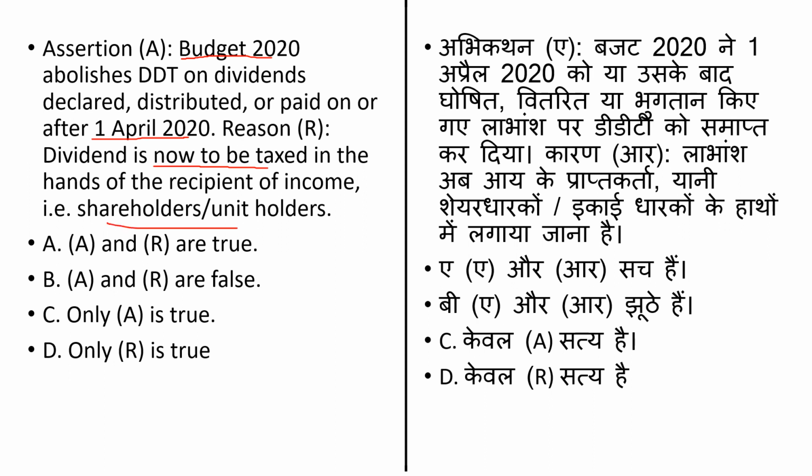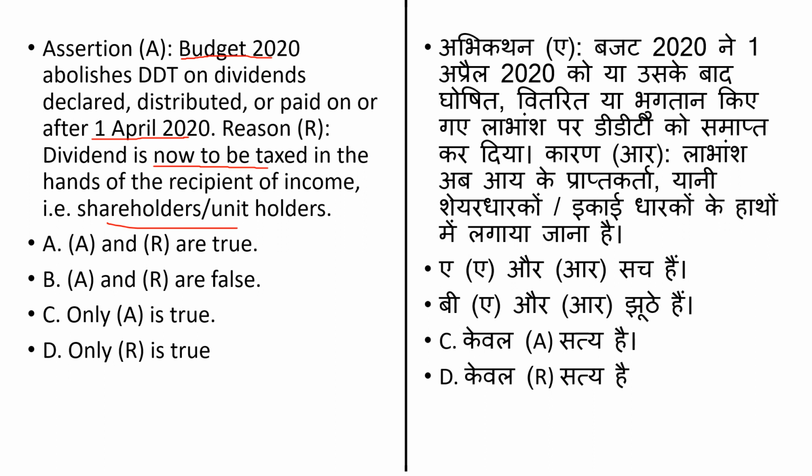The provision relating to the abolition of DDT will be effective from April 1st as per the amendment to the Income Tax Act. Dividend declared between 1st April 2013 and 31st March 2020 will be subject to DDT under the old regime, while those declared after 1st April 2020 will be excluded.